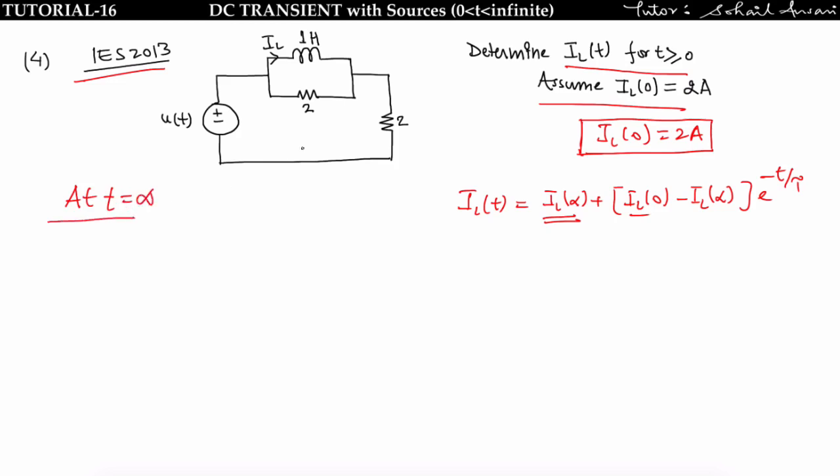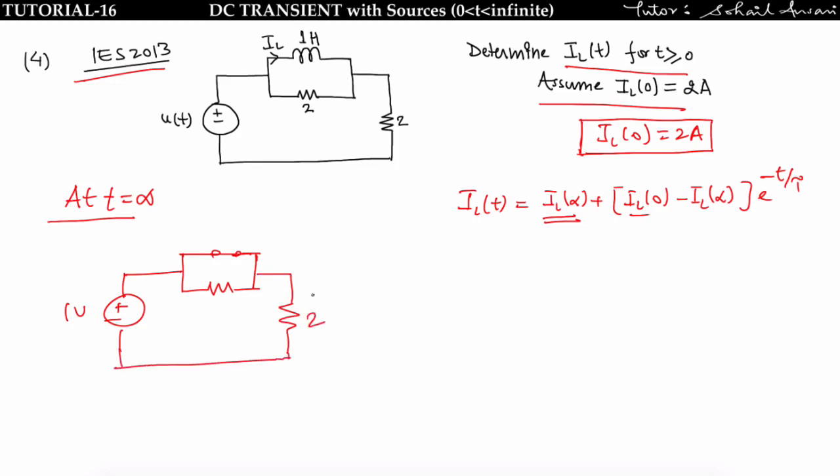At t equal to infinite, this network is at steady state, so the inductor can be replaced by a short circuit. This is u(t), meaning 1 volt. The inductor is shorted at t equal to infinite because at steady state an inductor behaves like a short circuit.